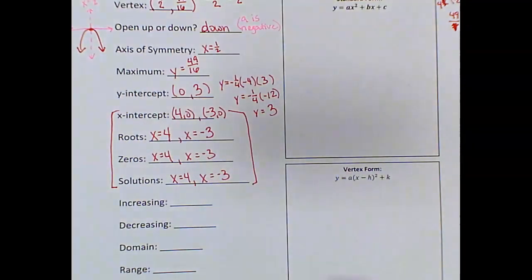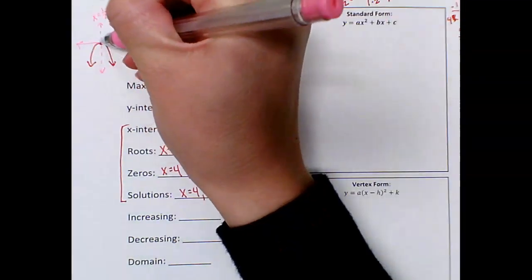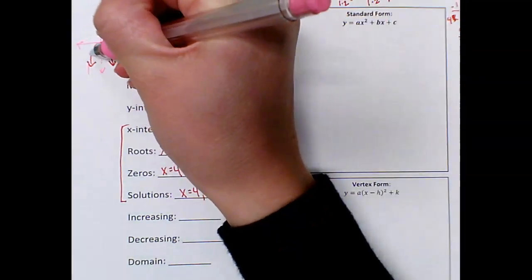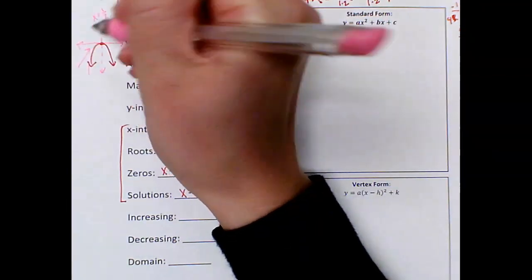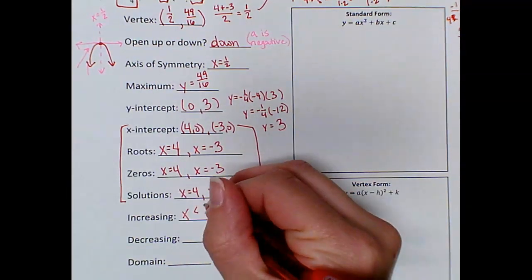So on the left side of 1/2, what's your graph doing? From the left to the right, what's it doing? It's coming up. It's increasing, right? That's all the x values that are to the left of 1/2, that are less than 1/2. That's the increasing interval. So all the x values that are less than 1/2.